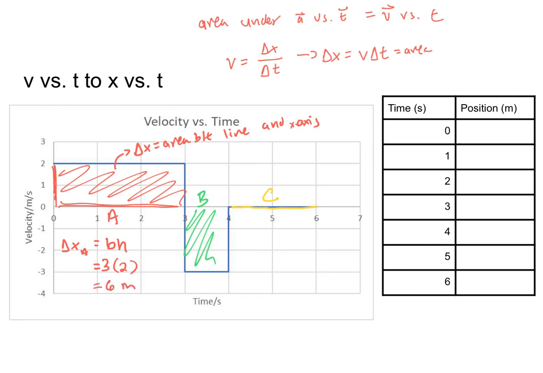So if I start at 0, 0, then at 3 seconds, I have reached 6 meters. In fact, I can see that I'm going at a speed of 2 meters per second. So after 1 second, I must have gone 2 meters. After 2, I'll have gone 4. And after 3, I'll have gone 6. If you don't want to have to think about it, the other way you can think about this is I'm going at a constant velocity over 3 seconds.